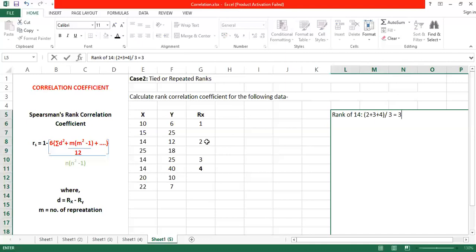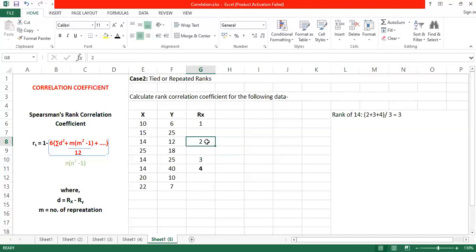Now eliminate all the earlier ranks mentioned for 14 and write the new rank, which is 3. 3 is already written here. This is also 3. Got it? So let me move further. After 14, it is 15. Now, what you need to remember is, technically we have covered up to the 4th rank.